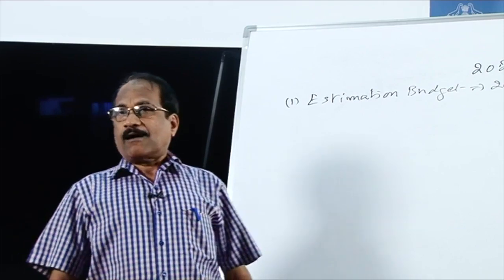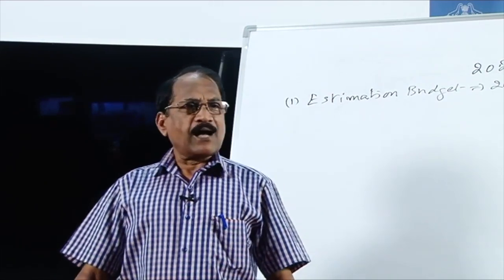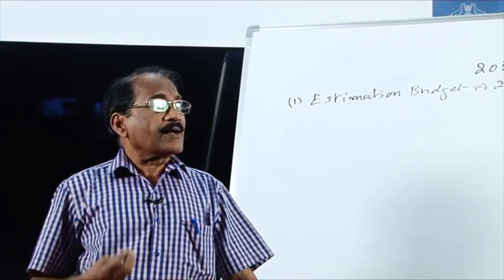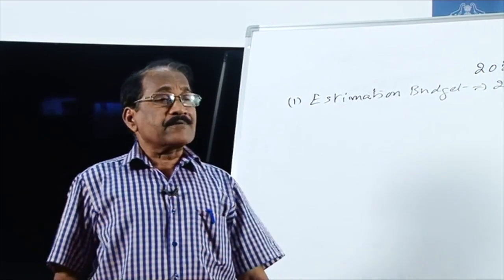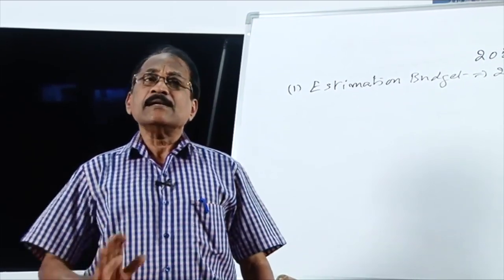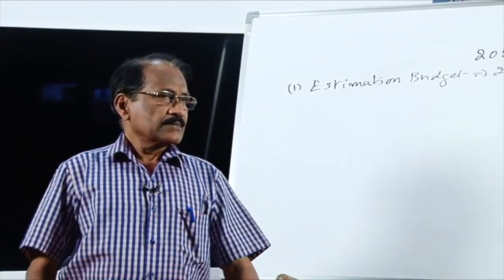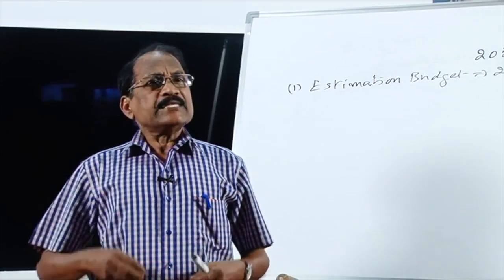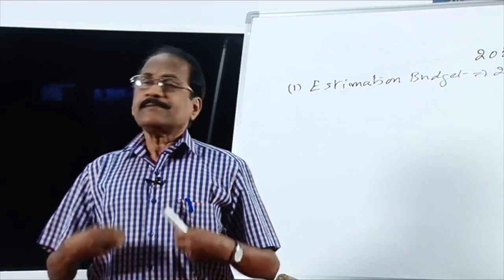But the receipts, the revenue receipts, are not correct figures. How can you expect the correct revenue that may be collected during the next financial year? We cannot say. What you make on the revenue side is estimation, estimated revenue.